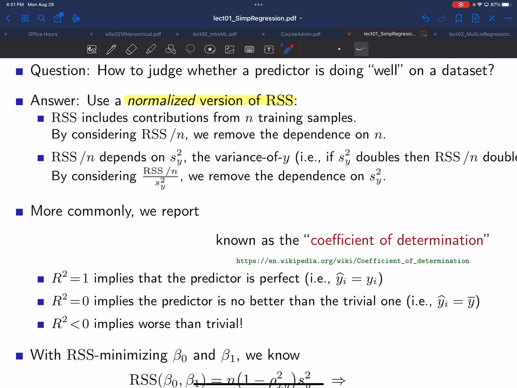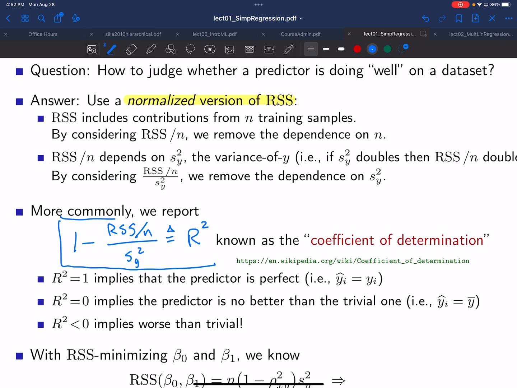Now it turns out that the quantity that's most often reported is not exactly that, it's 1 minus that. 1 minus RSS divided by n, that thing, divided by the variance of y. And this thing is given the name R squared through all of the statistical literature and machine learning literature.